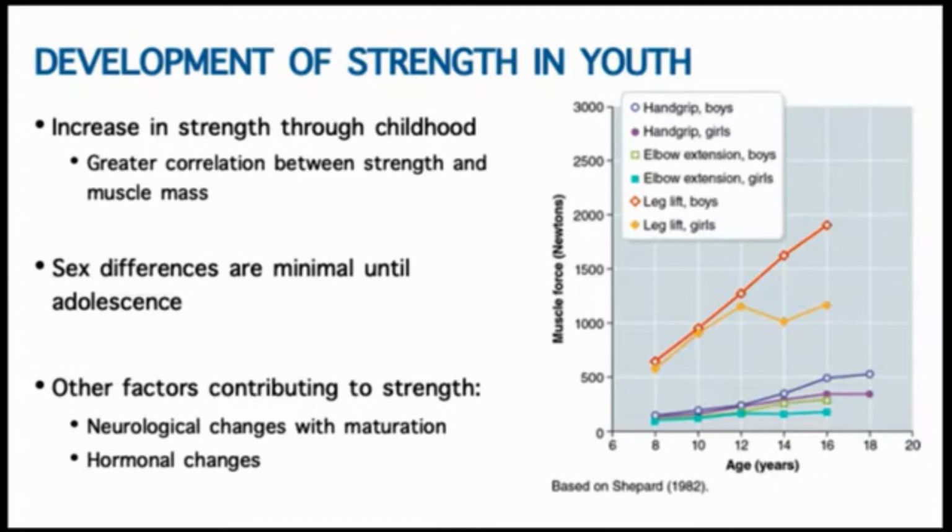That fat-free mass can be split up into bone mass, water weight, muscle mass, or lean body mass, right? So if we're increasing in overall mass, we should expect an increase in muscle mass, and that is going to be more or less related to the increases that we see in strength in childhood.